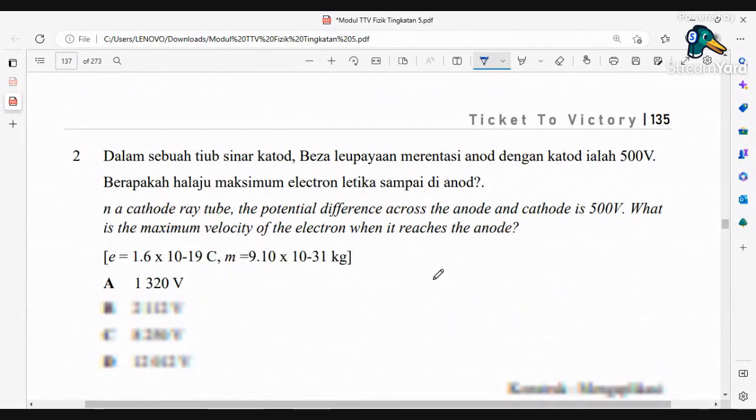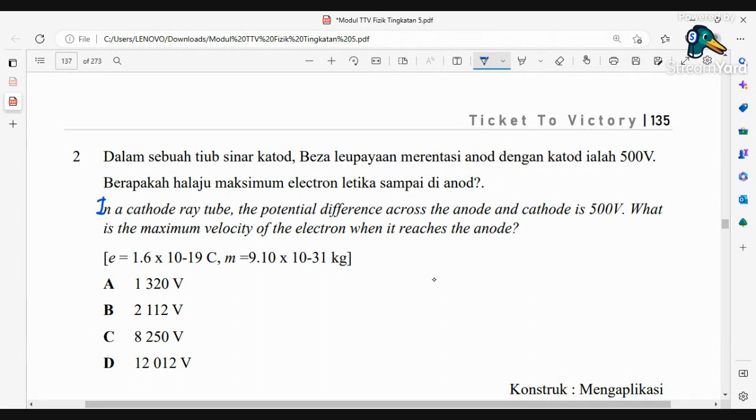Okay, number 2. In a cathode ray tube, the potential difference across the anode and cathode is 500 volts. What is the maximum velocity of an electron when it reaches the anode?